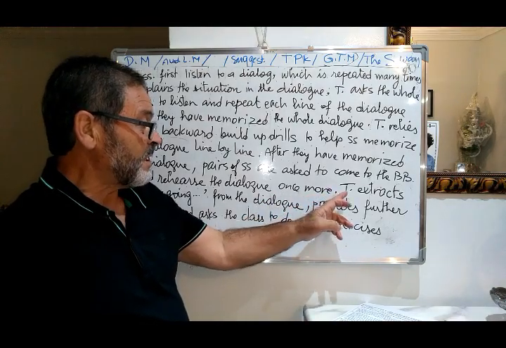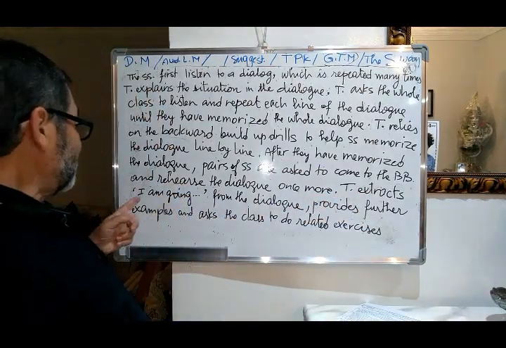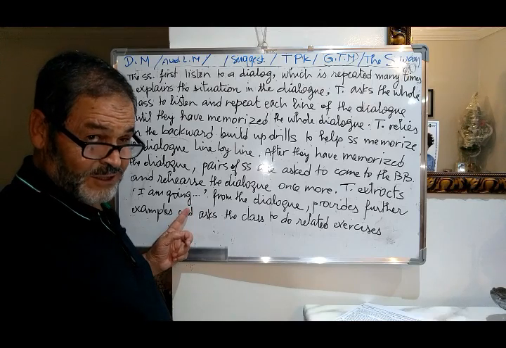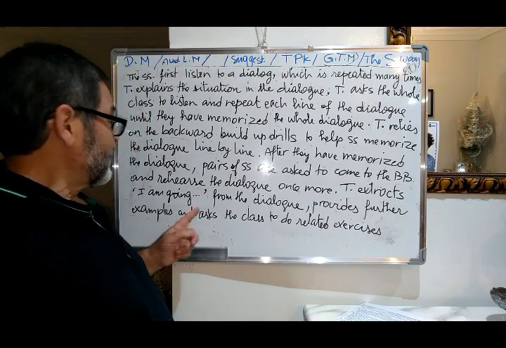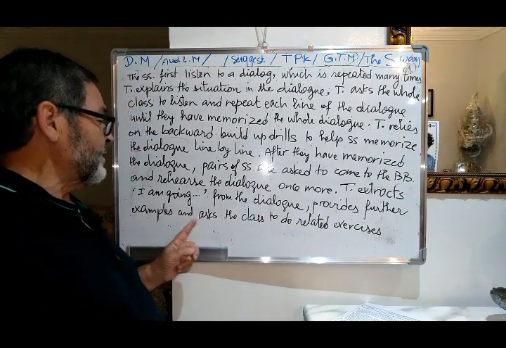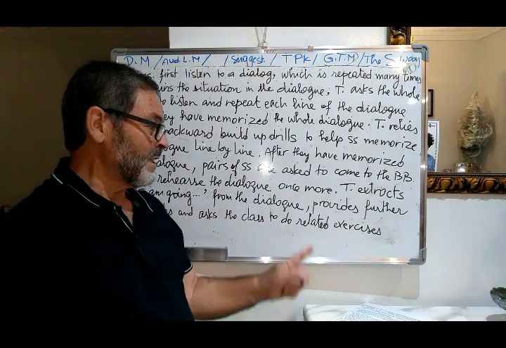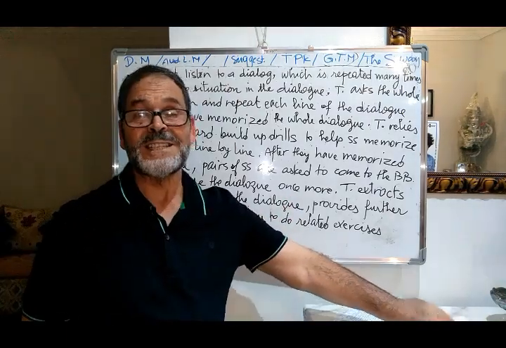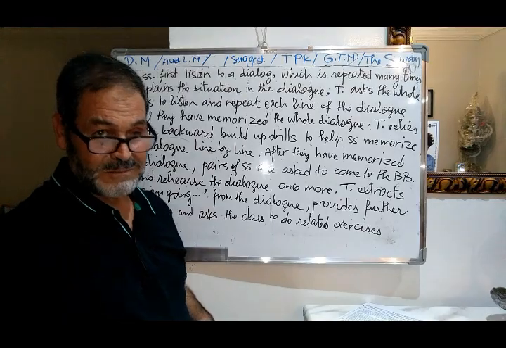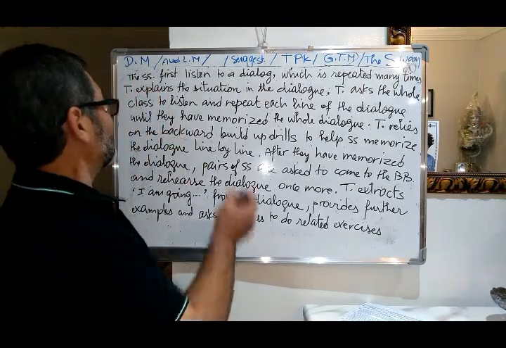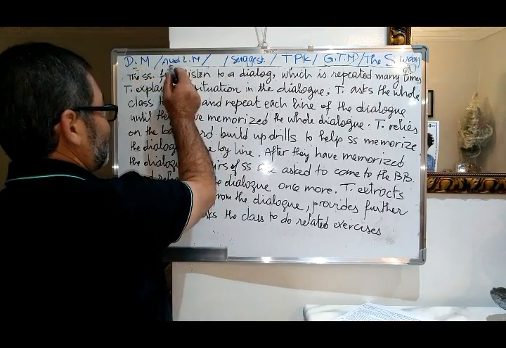The teacher extracts "I am going to", an expression, a structure to practice, from the dialogue, provides further examples and asks the class to do related exercises. So what is the method here? It is the audiolingual method.